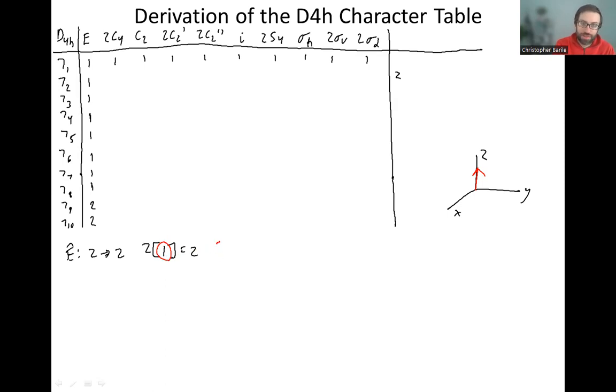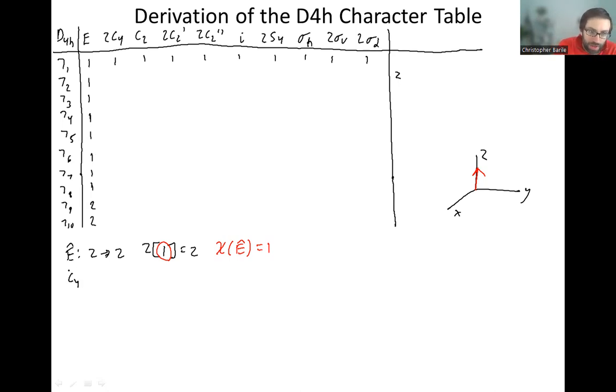We take the trace of this matrix, or the character of the matrix, and we symbolize the character by the Greek letter chi. The trace of this matrix is just a sum across the diagonals. Well, there's only one element in it, so there's nothing to sum, and we get a value of 1 here. Okay, that's not very interesting.